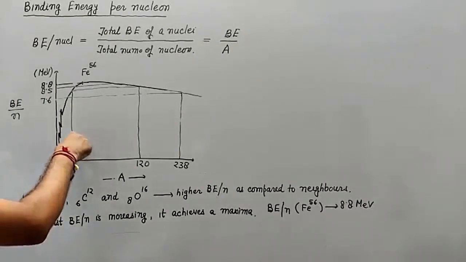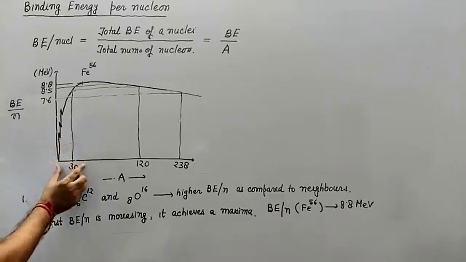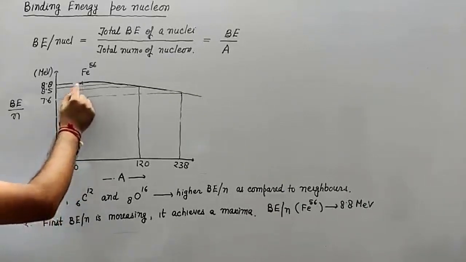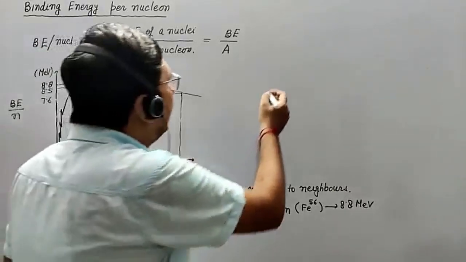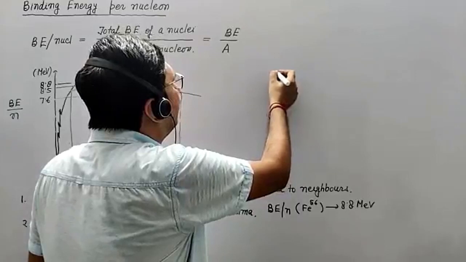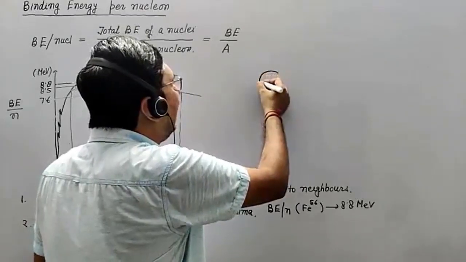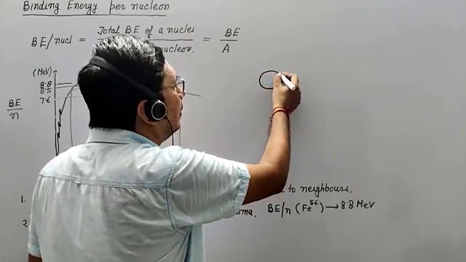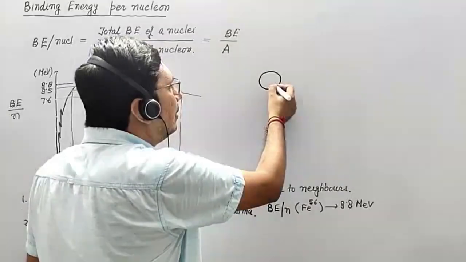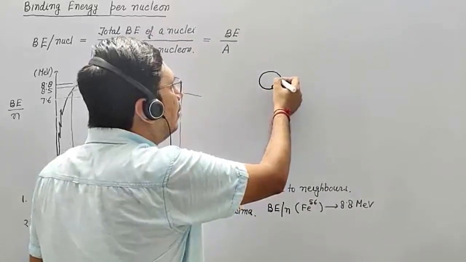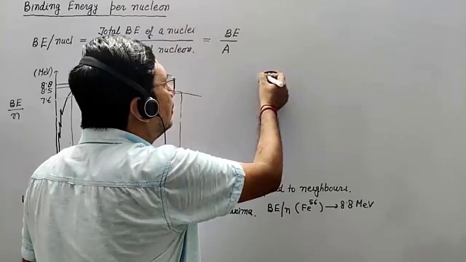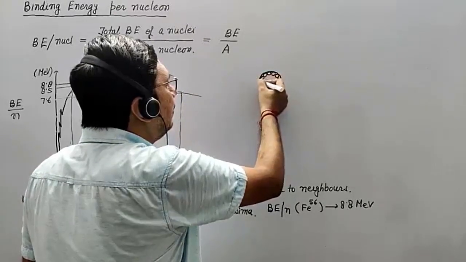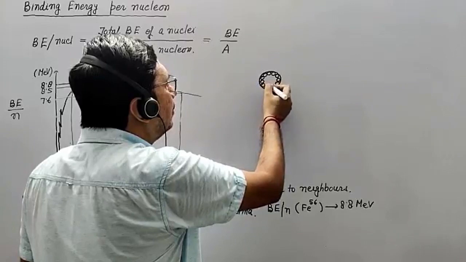Now first we will consider the increasing part of the binding energy per nucleon curve for lower values of A. How will you explain it? You can explain it with the help of the liquid drop. Suppose this is a liquid drop, and these are different molecules of the liquid drop.